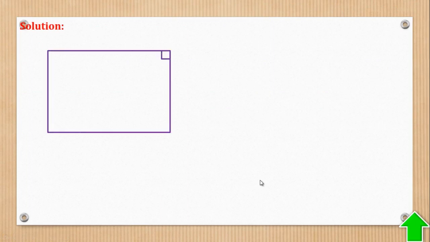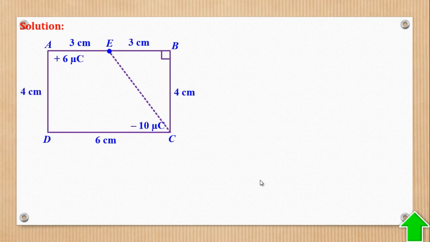Therefore, to get that separation, we shall first redraw the diagram. Then you can calculate this separation CE because we shall need it. Use Pythagoras theorem for this right angle triangle. 3 squared plus 4 squared, everything under square root to come up with 5 centimeters.